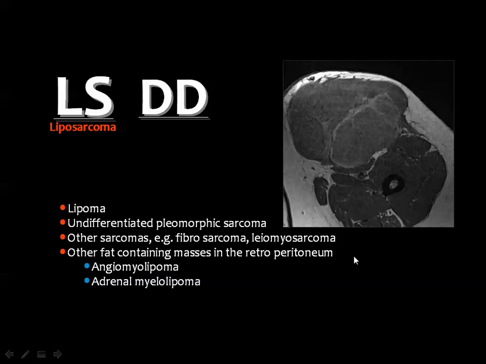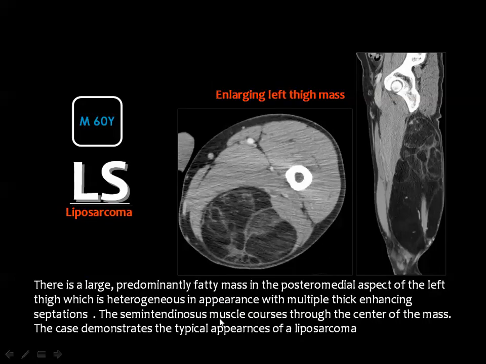Lesions in the retroperitoneum, of course, cannot be mistaken for angiomyolipoma because angiomyolipoma has a significant amount of fat and is present in the kidney, and this adrenal myelolipoma is almost totally containing fat.